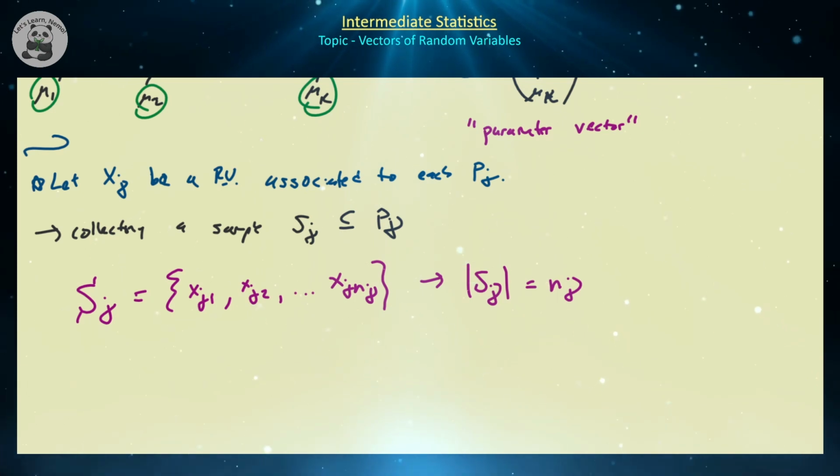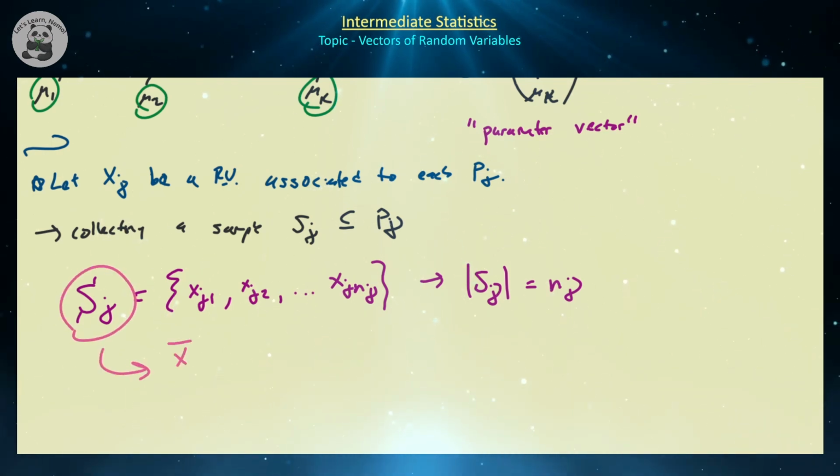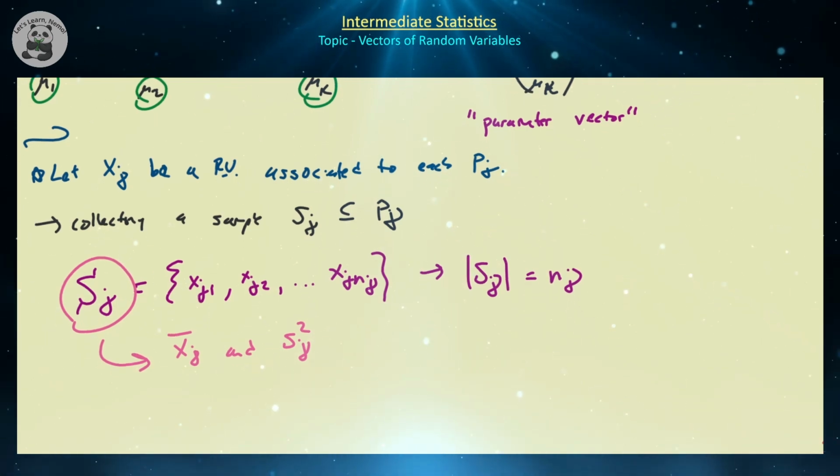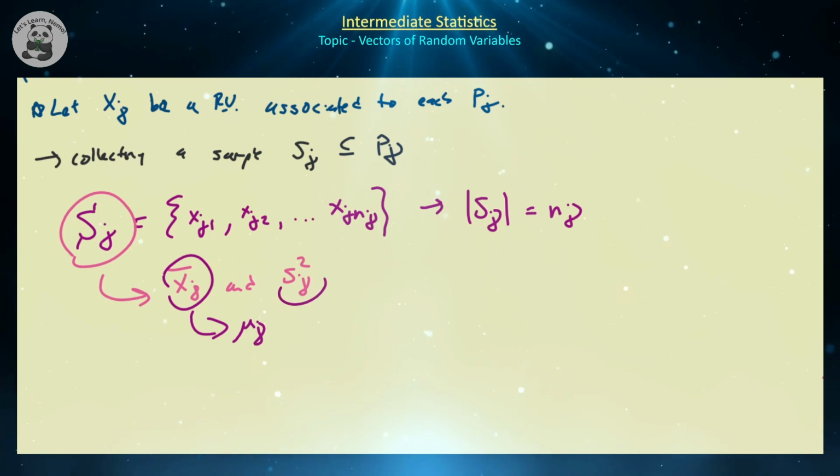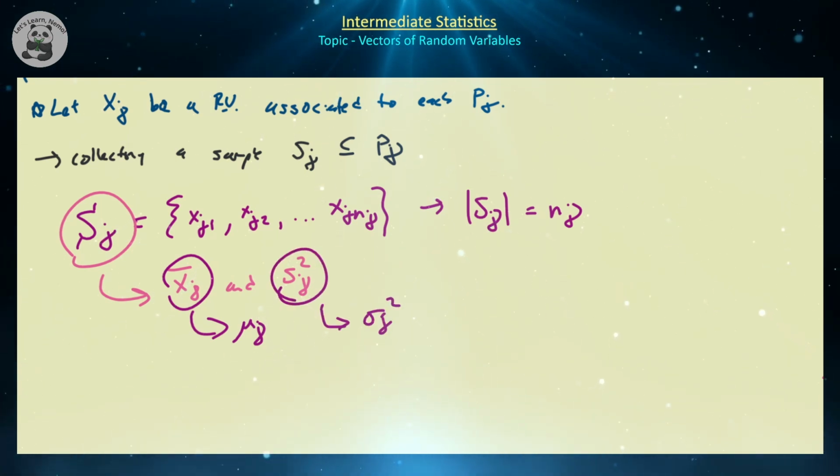We need not take the same sample size from each of these populations. For this particular sample, we're going to have a mean associated to it, and a variance as well. As we already know, the sample mean is hopefully approximating mu j, and Sj squared is hopefully estimating sigma j squared.